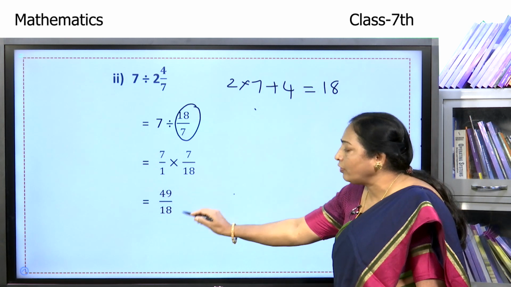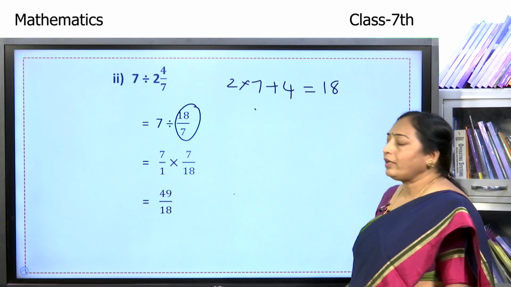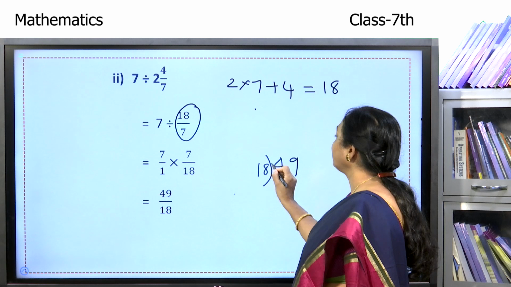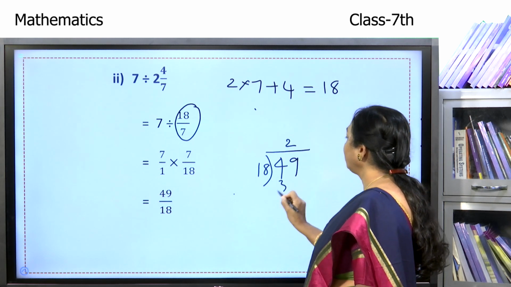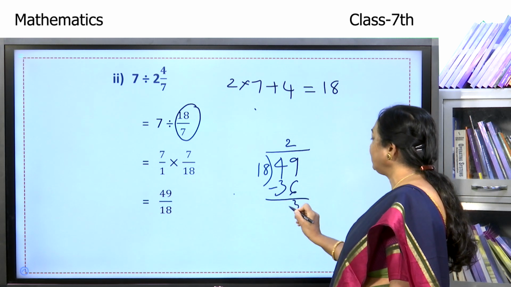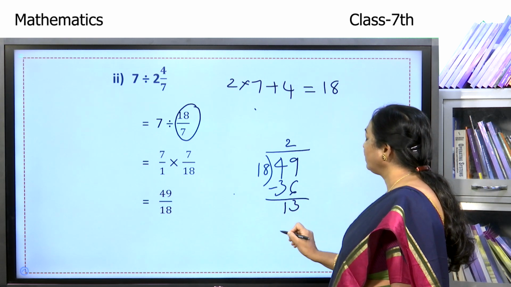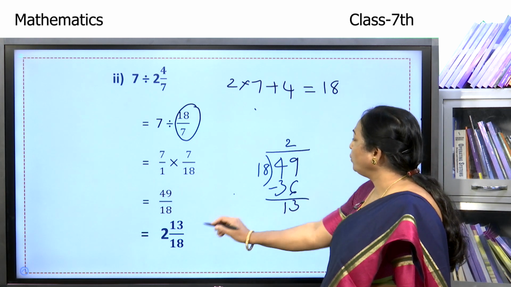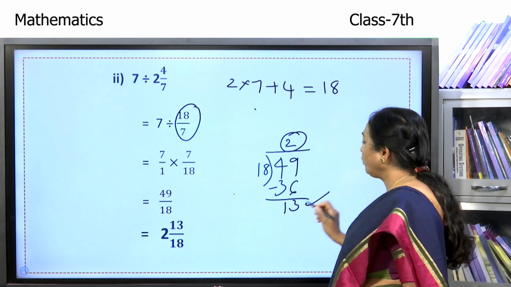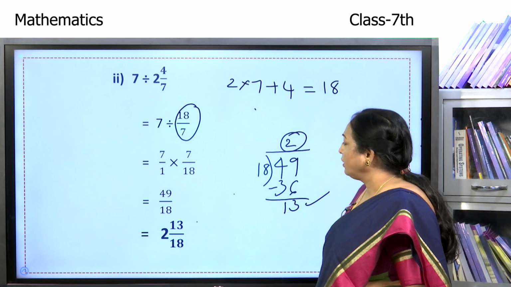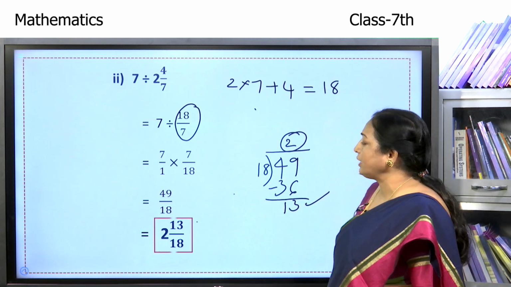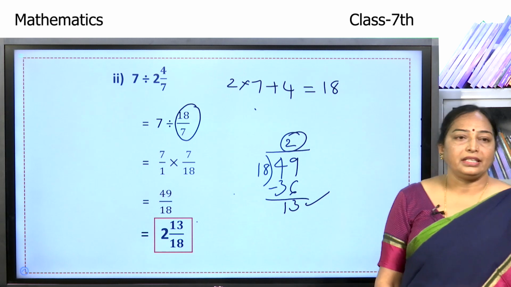It is an improper fraction, therefore you have to write the answer as a mixed fraction. 18 twos are 36. 49 minus 36 is 13. The answer is 2, it goes to the whole number, the remainder goes to the numerator, and the denominator is written as it is, that is 18. So, the answer is 2 13/18.